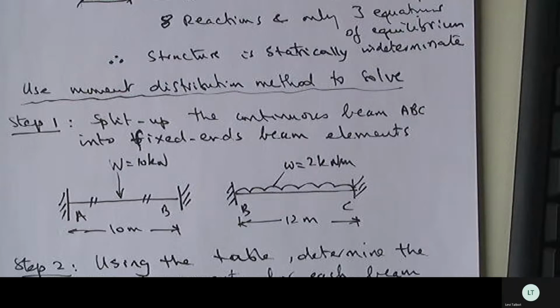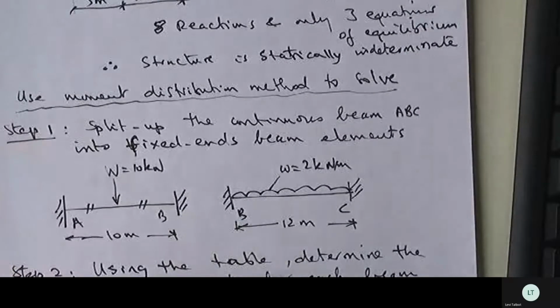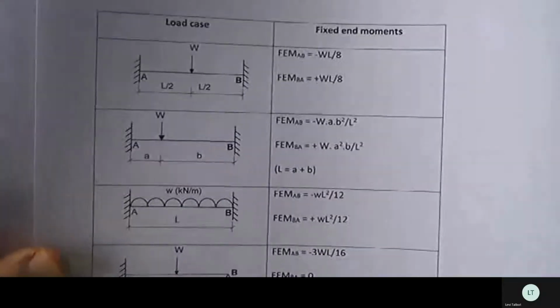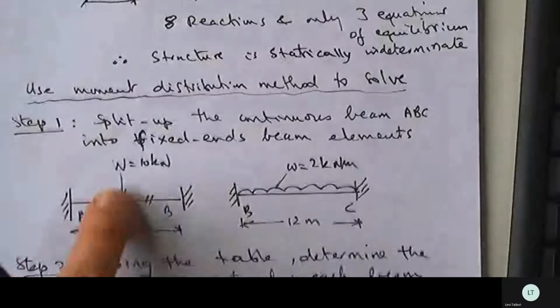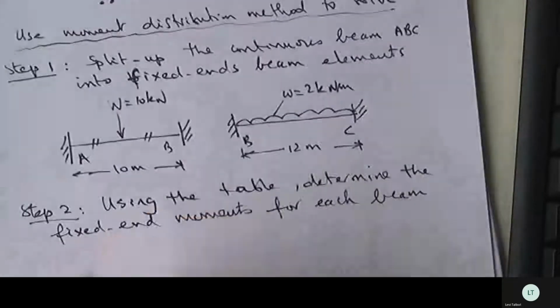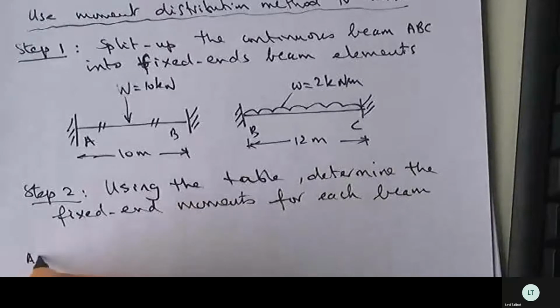Right, okay, so step number 2, let me explain this please. Using the table, this table here, determine the fixed end moments for each beam. Now, if we start with AB, okay, this is AB.